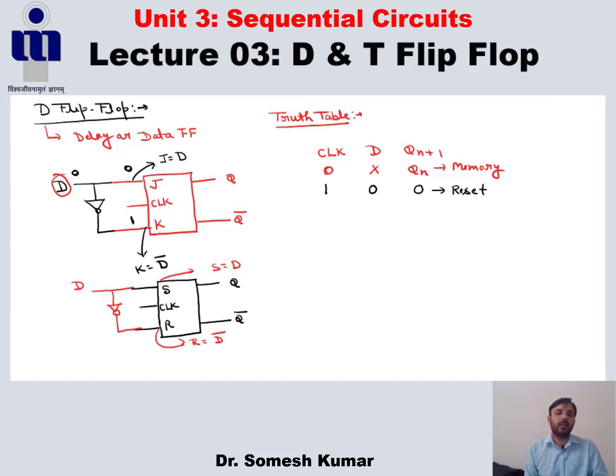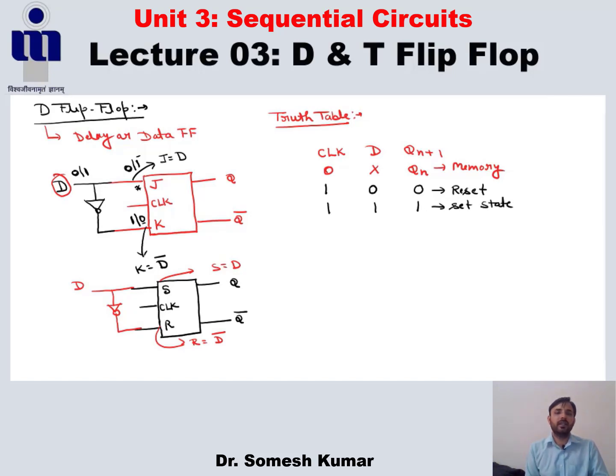What happens in the next case if the clock is 1 and D equals 1? Then J becomes 1 and K becomes 0. The output becomes 1 in this case, and this is called the set state.